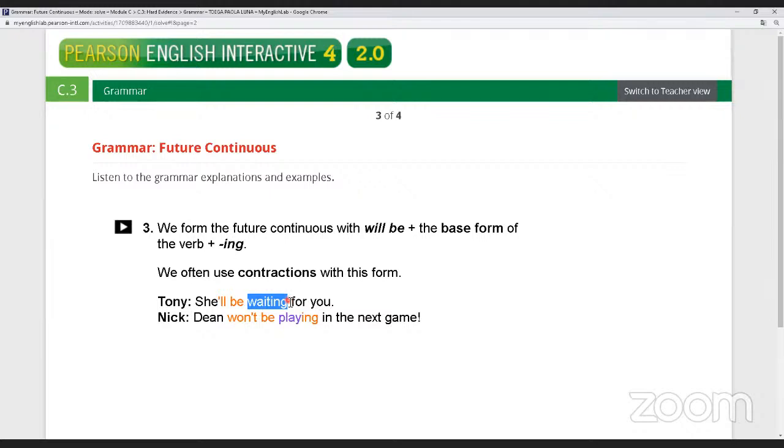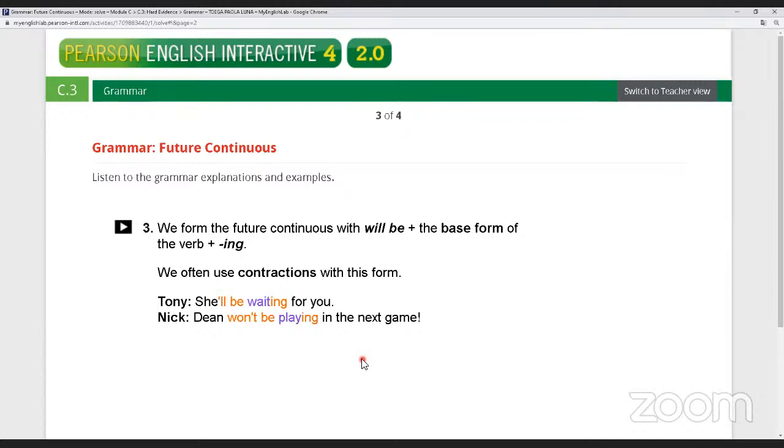They won't be playing in the next game, okay? When we say that, we are focused on the progress of an action, but it's not going to happen. That's the reason why we have the negative form. In both examples, when we're using the continuous form, we focus on the progress of the continuation of an action, waiting, playing, okay?